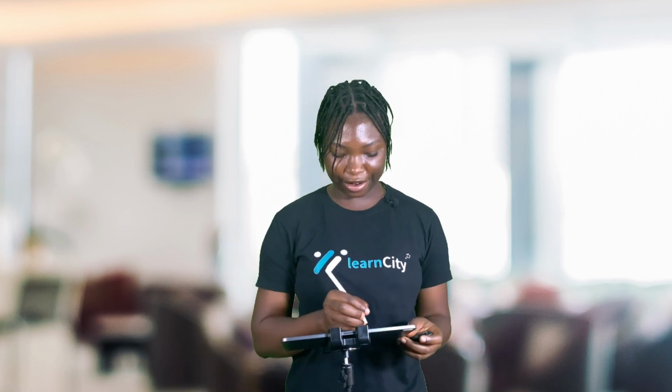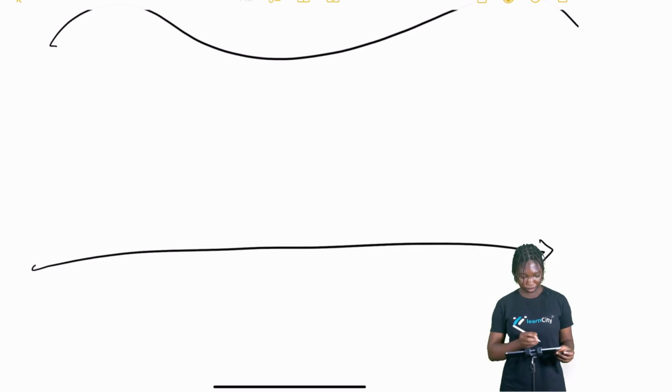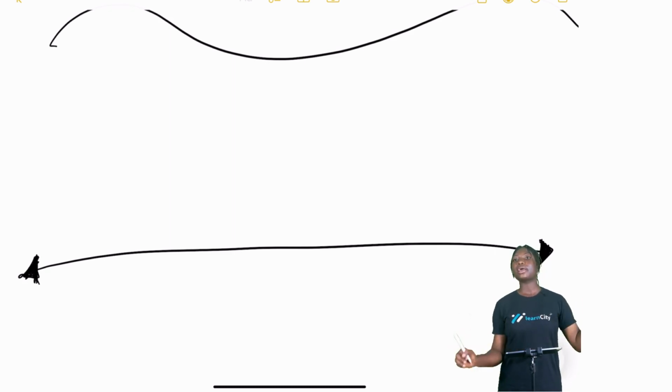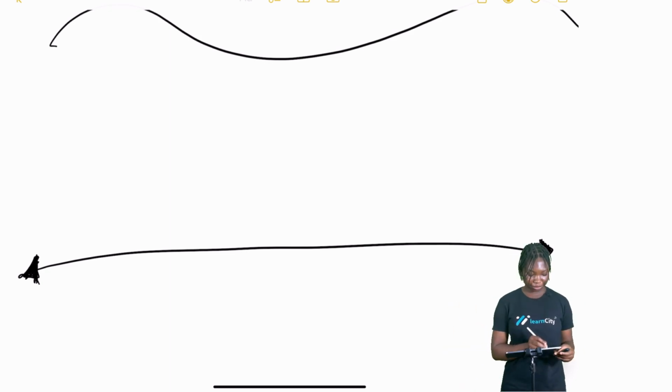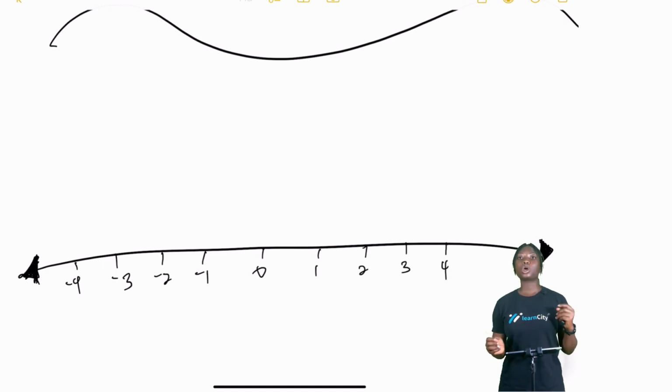Here we have this diagram, where we have it between -4 and 3.